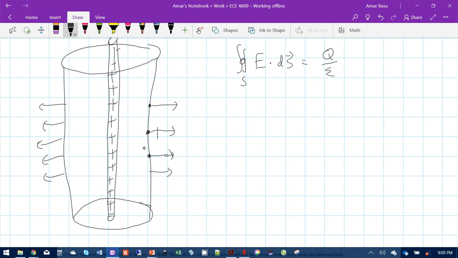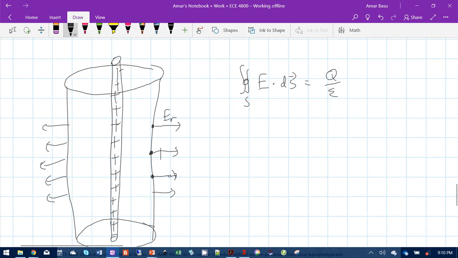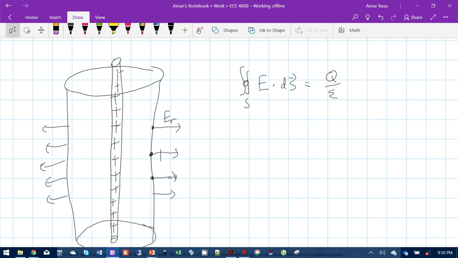All right, let's say that we know that the electric field is, we'll just call it E_r. That's the field that we're looking for. We want to solve for it. So Gauss's law tells us the integral of E dot dS is equal to Q over epsilon. Q is given to us. Assume that's some constant. Now, if the value is the same everywhere along this surface, so the surface is kind of like this.